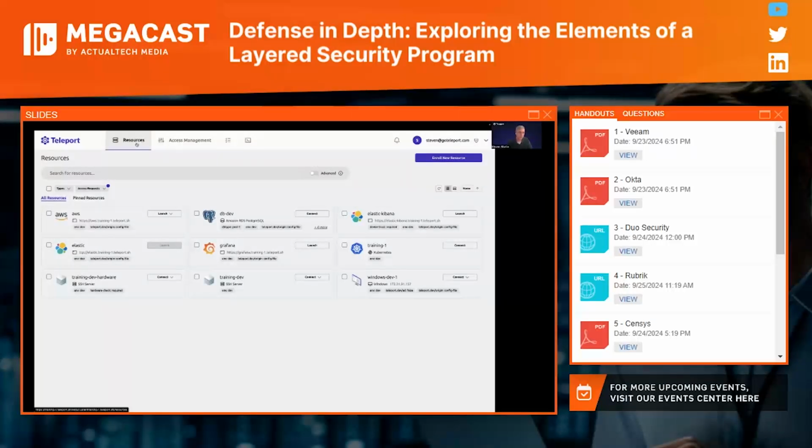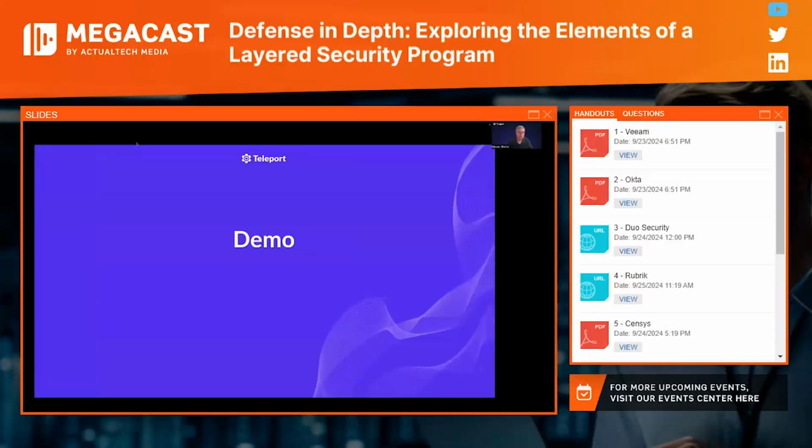So just to review, we've gone through demonstrating how Teleport authorizes access to particular resources, how it confirms their identity in real time, both from required MFA or trusted devices.